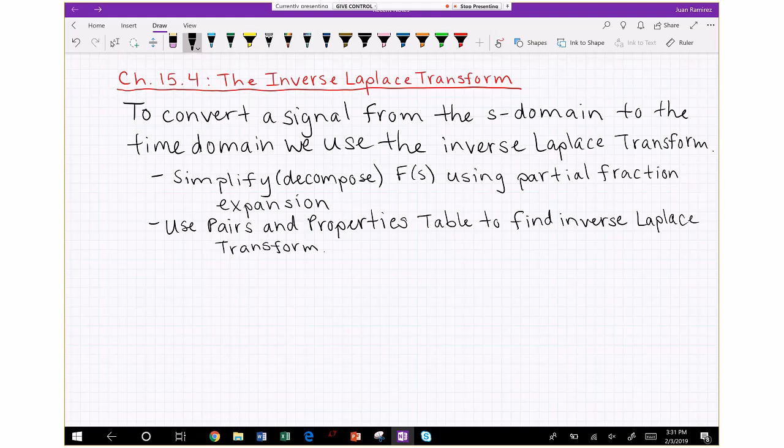Alright, so first we'll cover a brief review of partial fraction decomposition. And then once we cover that refresher, we'll apply it to taking the inverse Laplace transform and do a few examples.